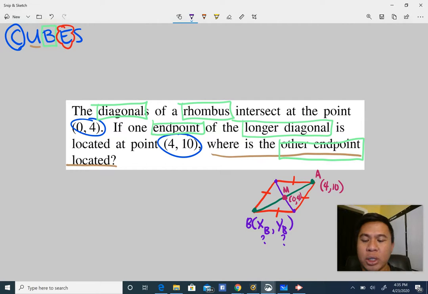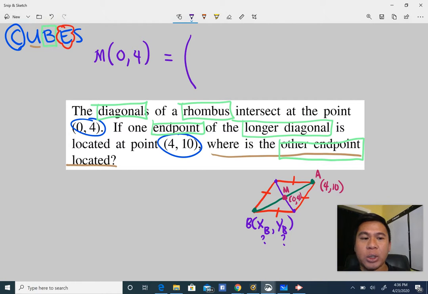Now let us consider our equation for this. Our midpoint is already given at 0,4, and that is equal to the average of A and B x coordinates.